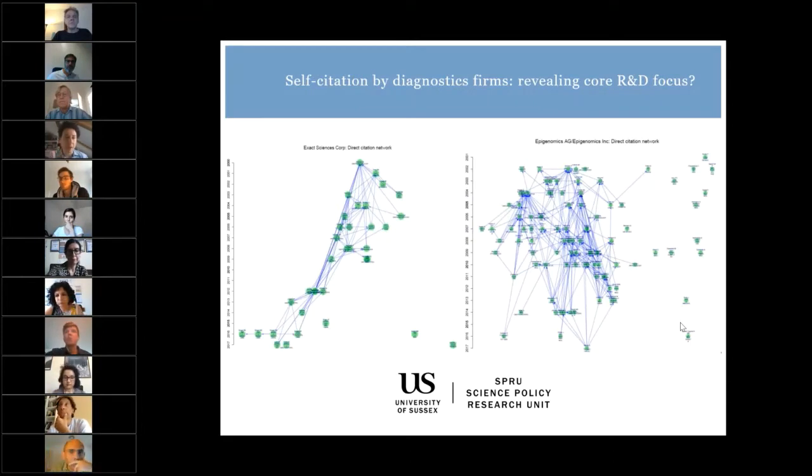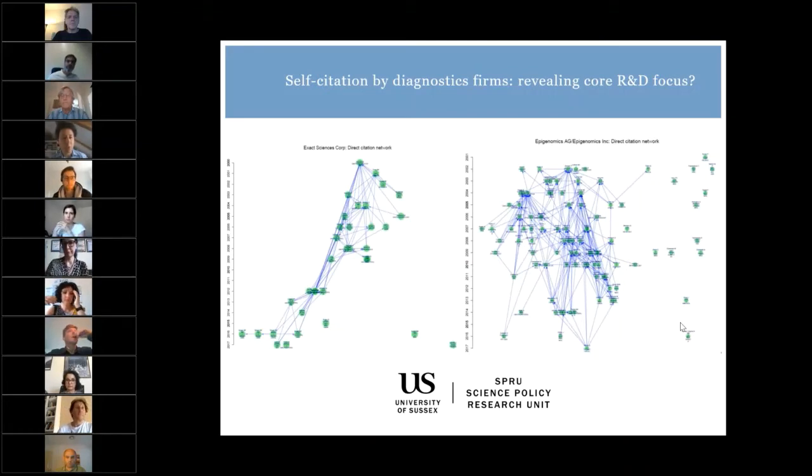This is another way of displaying the activity of these companies. You can see here the years going vertically down the page, and what we're seeing here are a number of green dots which relate to particular papers published by those companies, and then the blue lines show self-citation down the years and show how the prior papers of the company are related to the next generation of papers that company has produced.